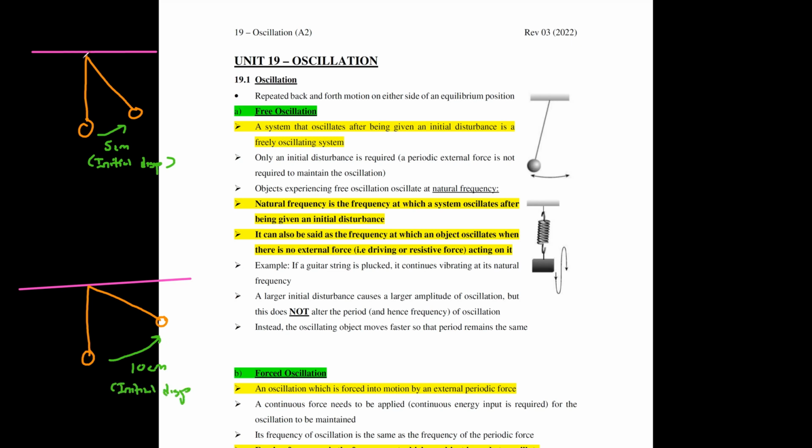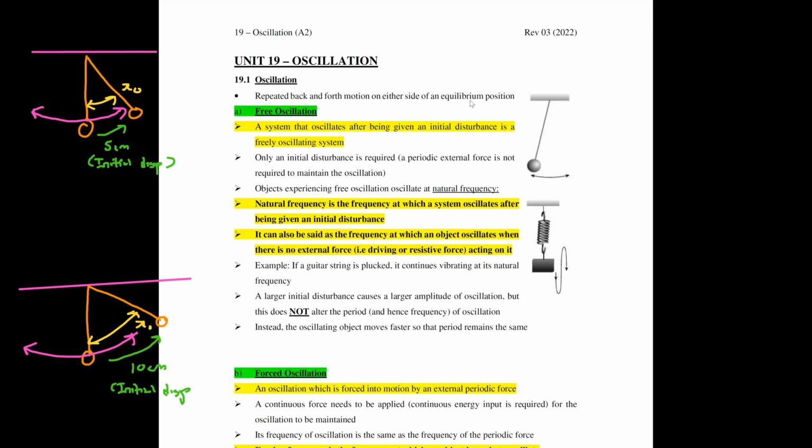Okay, so in both cases, after the initial displacement, the moment I release, the pendulum bob will just oscillate from left to right. And then after that, they will have their own corresponding value of amplitude. Let's just say this one is your x0, and then this one is your x0 also.